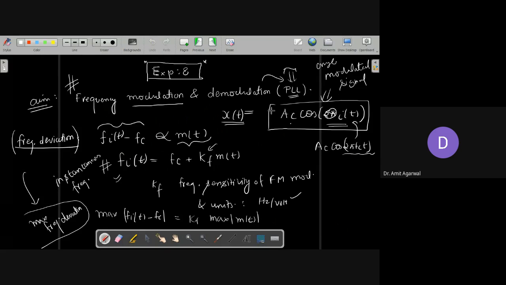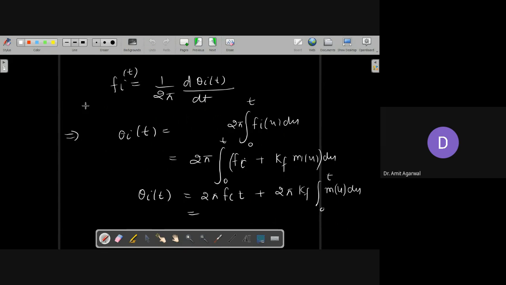In order to get this structure, you have to find this theta_i(t), right? You know from your plus 2 that instantaneous frequency is 1 upon 2 pi d theta_i by dt. Correct? So theta_i(t) would become 2 pi integral of this instantaneous frequency.